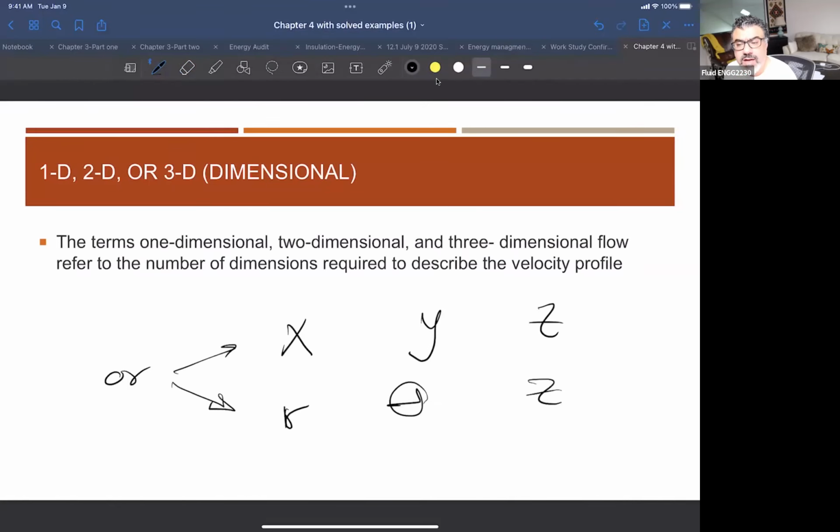If I have variation in x, y, and z, that means I have a three-dimensional type of flow. If I have variation in x, y only, that means it's two-dimensional. If I have variation only in x and z, that means it is two-dimensional. If I have variation in theta and r in cylindrical coordinates, that means two-dimensional. If I have variation in every r and every theta and every z, that means it's three-dimensional.